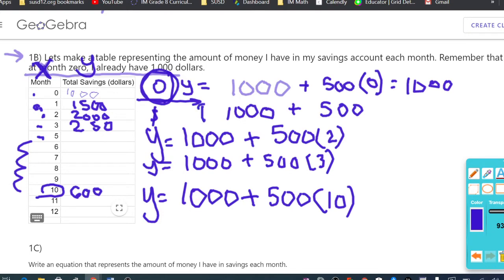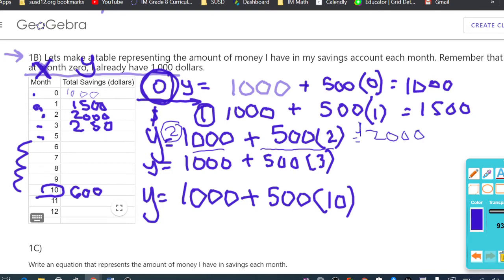Then at the end of the first month, I had $1,000 plus 500 times 1 month of earnings. So that was $1,500. At the end of the second month, I had $1,000 plus $500 per month times 2 months. $2,000.